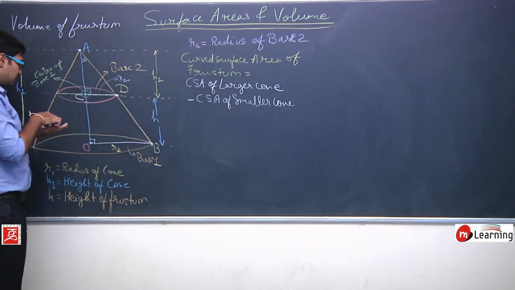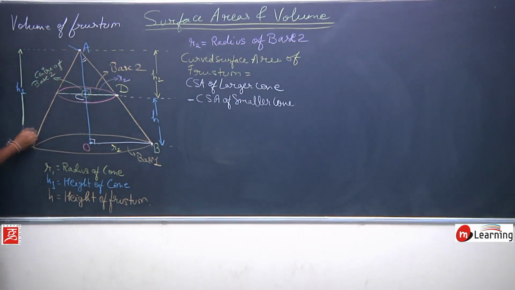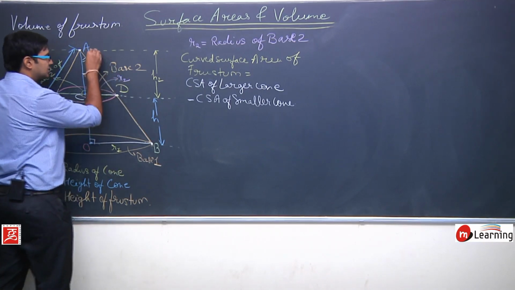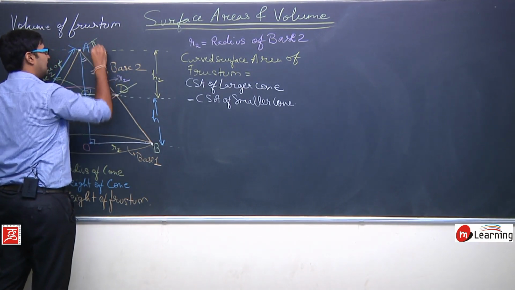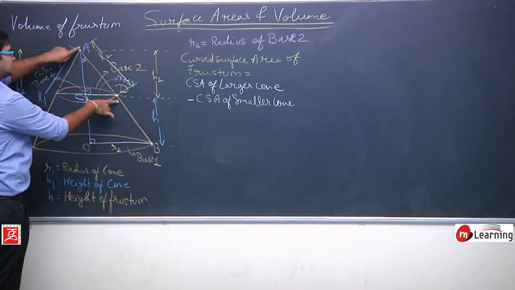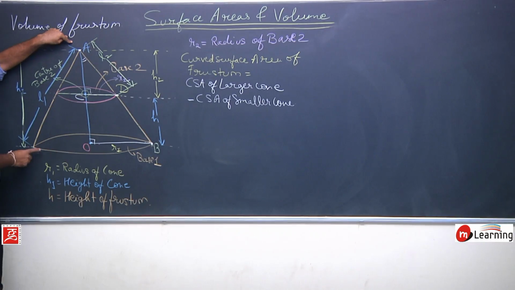Let us say L1 represents the slant height of this larger cone, and in similar manner, I can mark the slant height of smaller cone as L2. This AD distance is L2, and this A to this base point, let us say E, this distance is L1.